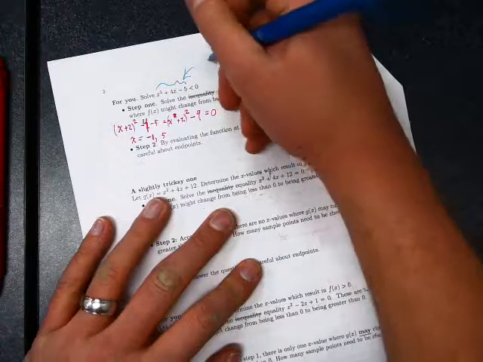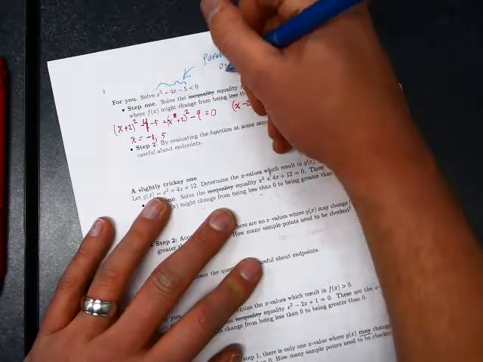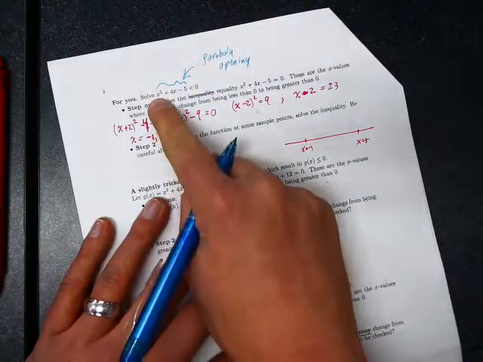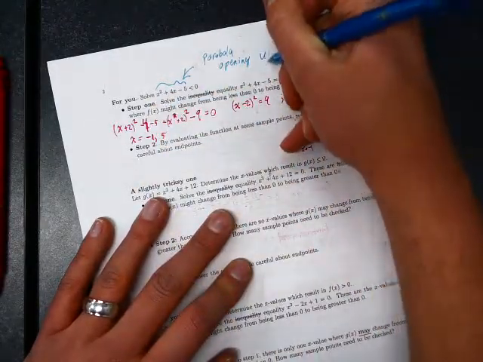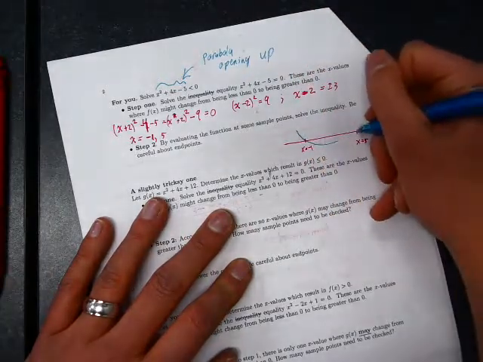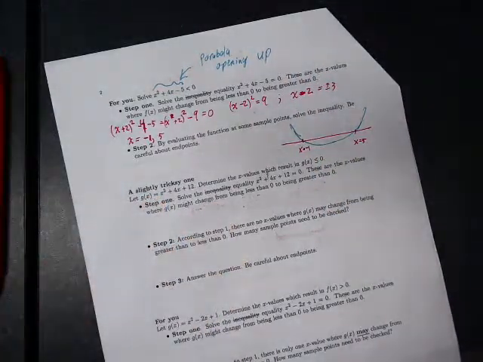what does the graph of this look like? It's a parabola. Opening, let's see, that leading coefficient is positive, so it's opening up. So there's what the function looks like.